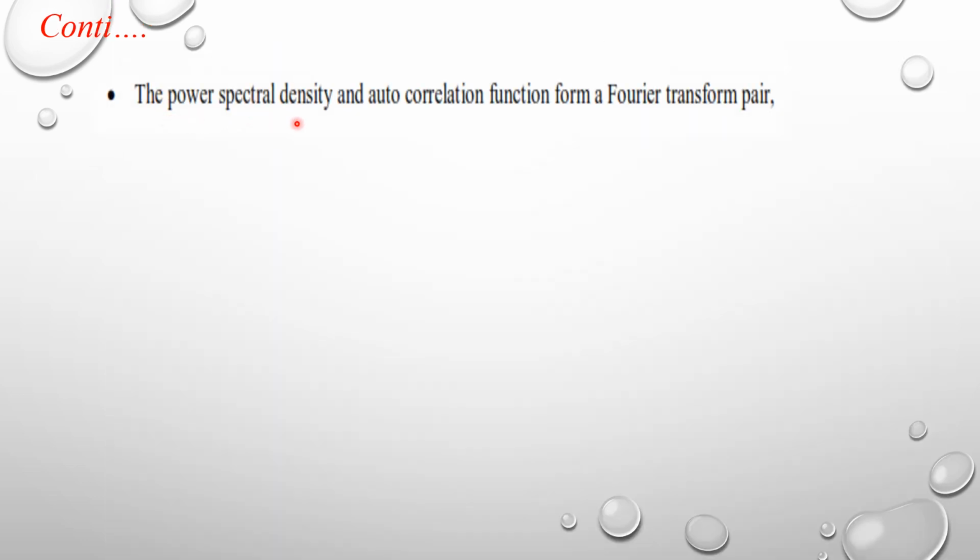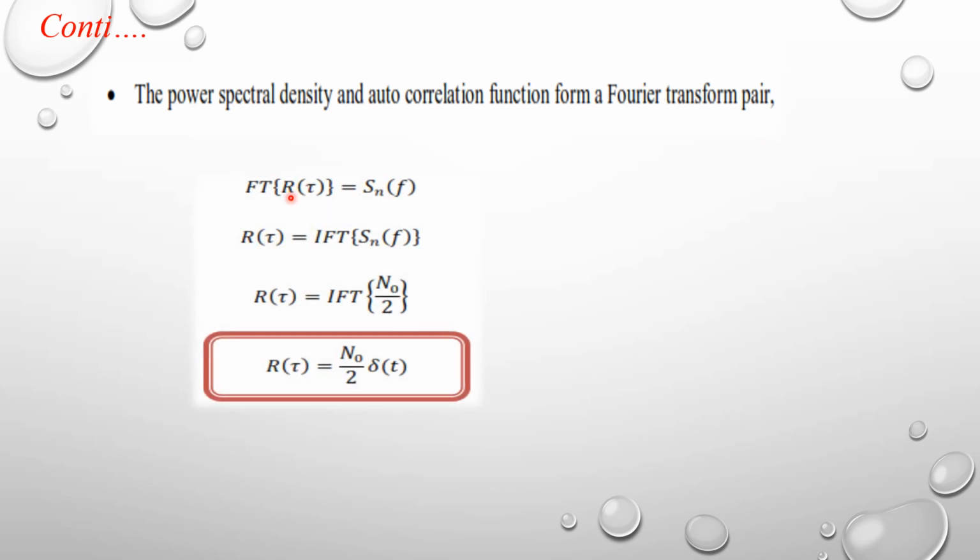The power spectral density and autocorrelation function form a Fourier transform pair. The Fourier transform of the autocorrelation R(tau) is equal to Sn(f), the power spectrum density of the white noise. So we have to find the autocorrelation R(tau), which is the inverse Fourier transform of Sn(f).